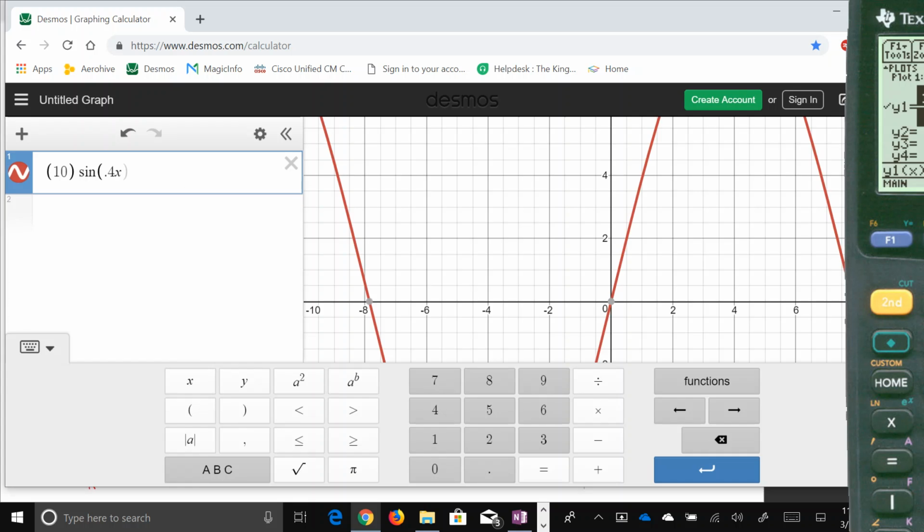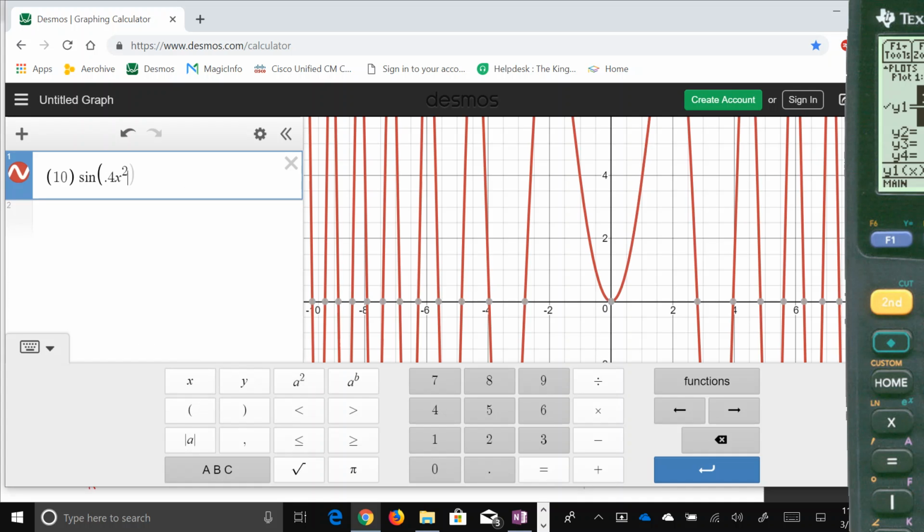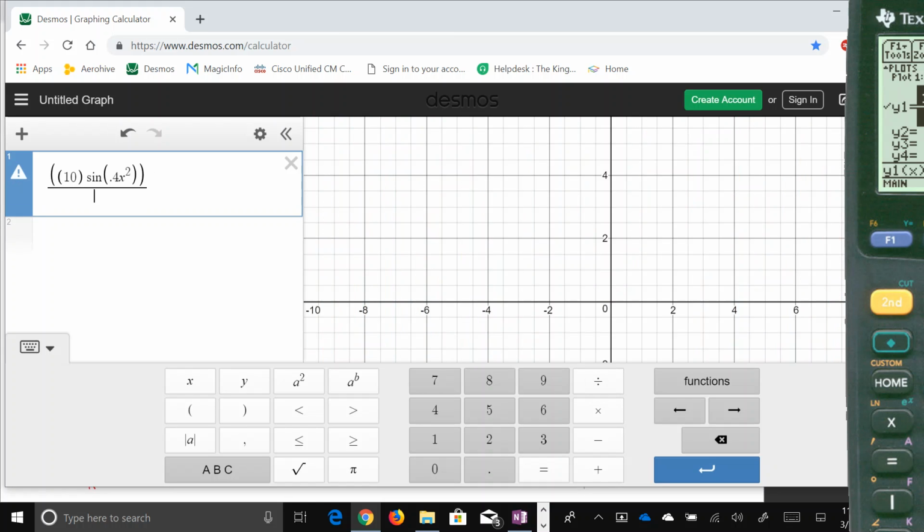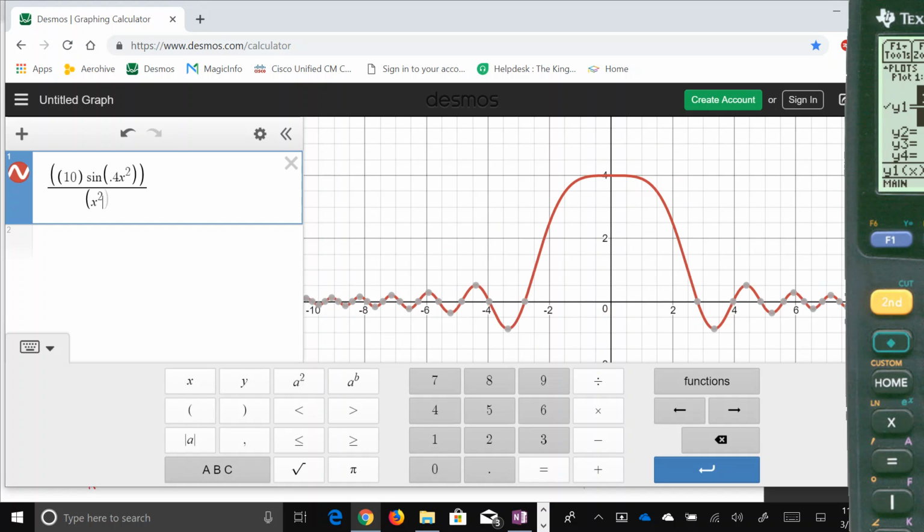I'll have to use X. And then I'm going to make that all divided. So, hold on. Boom. All that divided by, I'll use parentheses again, x squared minus x plus 3. All right, here we go. Let's look at this.